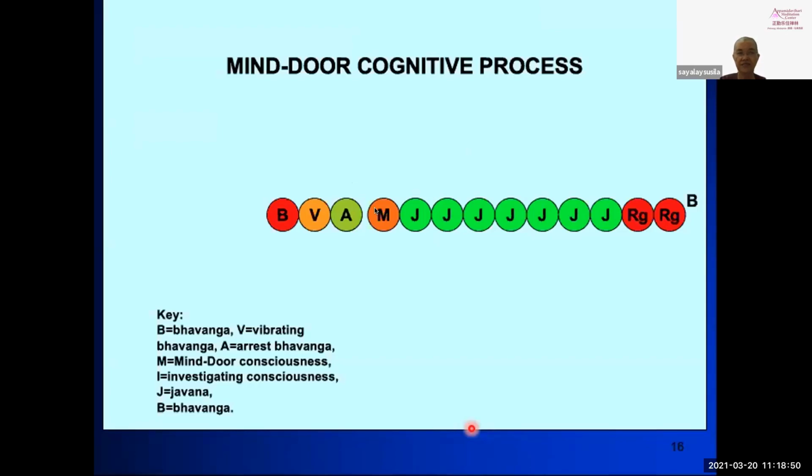But in the 5 door cognitive process, let's say the eye door cognitive process we just studied, here the mind door averting consciousness becomes determining consciousness. They are the same consciousness but different names, and happen at different times.